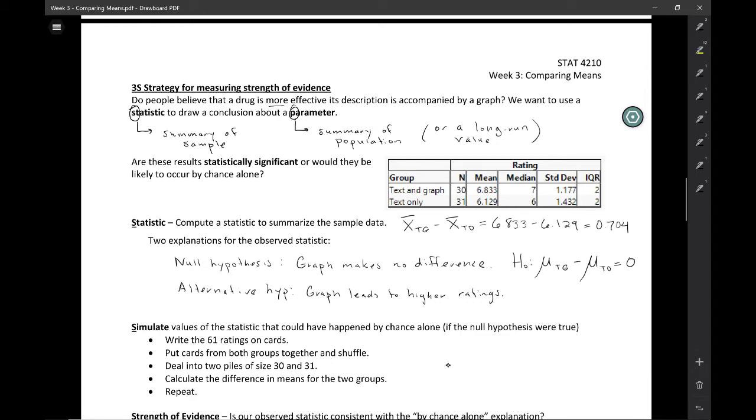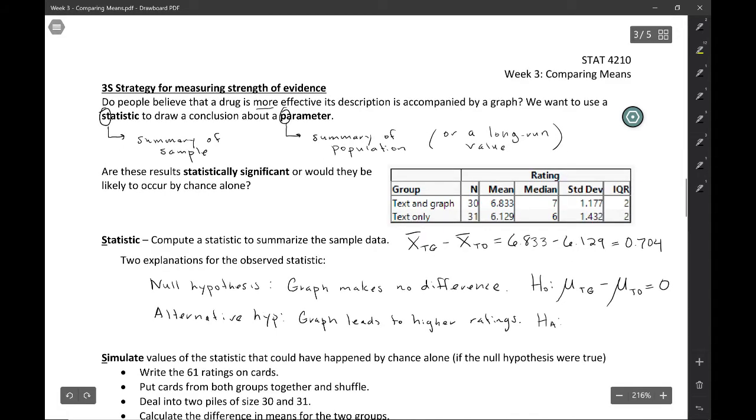This is an experiment. So if we end up with a significant difference, it's reasonable to think that it is a cause and effect relationship. So the alternative hypothesis is that the long run mean for the text and graph is bigger than the text only, or you can say that the difference is positive. So you can think of the alternative hypothesis as the thing that you want to show. Right?